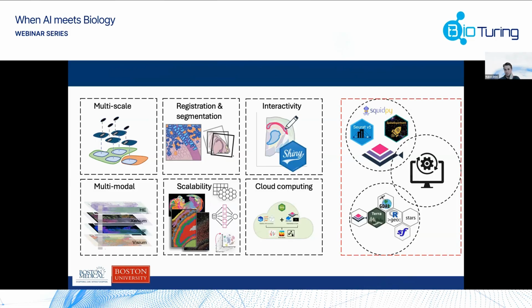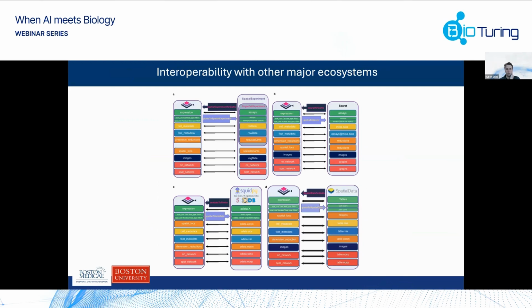All right, then we talked a little bit about interoperability. I cannot say too much. I can just say that we have been working really hard on making Giotto as interoperable as possible with some of the larger ecosystems that are currently available. Think about Bioconductor, SpatialExperiment, SpatialFeatureExperiment, going back and forth between Giotto and Seurat, SquidPy, the AnnData platform, and the spatial data that we talked about earlier.